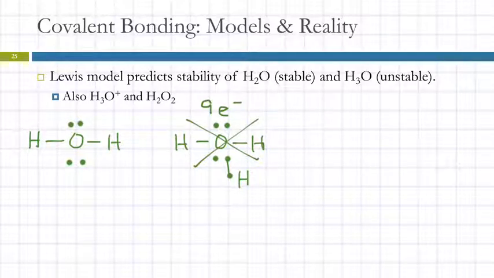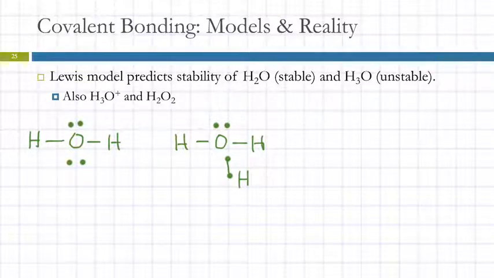What about H3O plus? Well, we'll just save some time and get H3O. How would we make H3O plus? You've got to take an electron off. So I'll remove this electron.